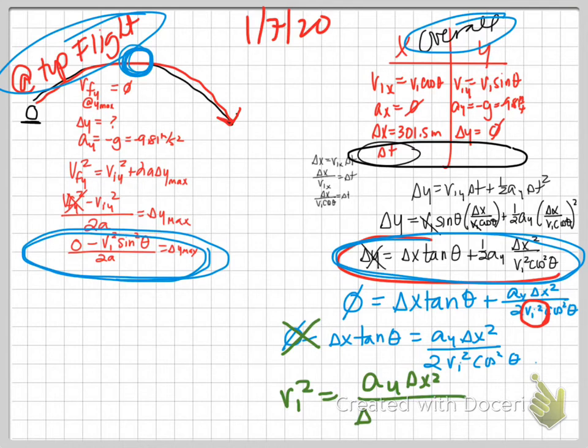Now you have to be careful here because this was all negative. So I'm going to keep a negative 1 here, and that will matter. Negative 1 delta x tan theta times 2 times cosine squared theta. What a hideous, awful mess.